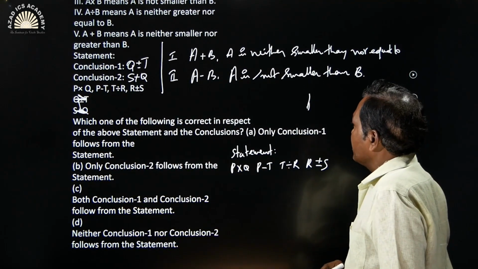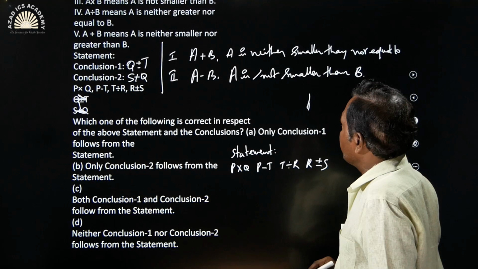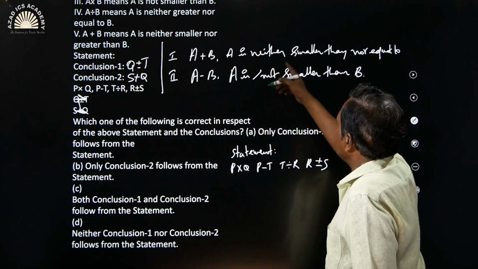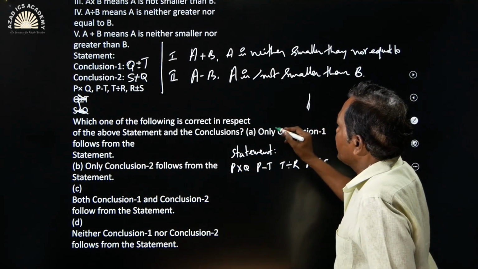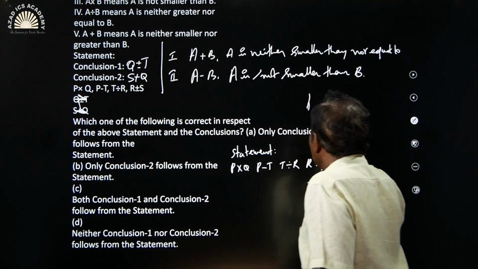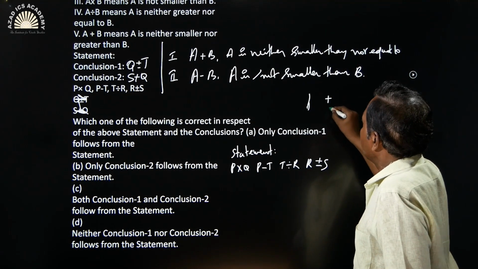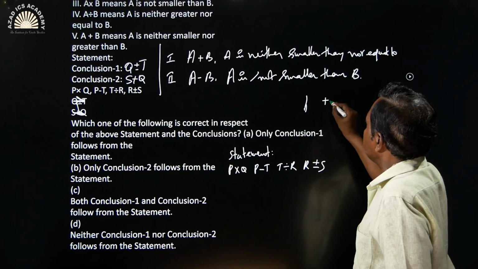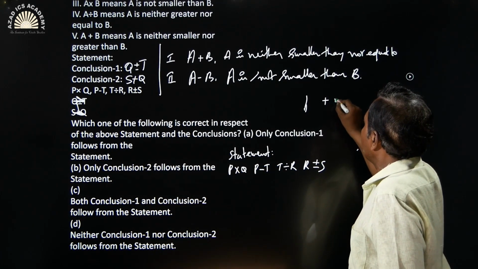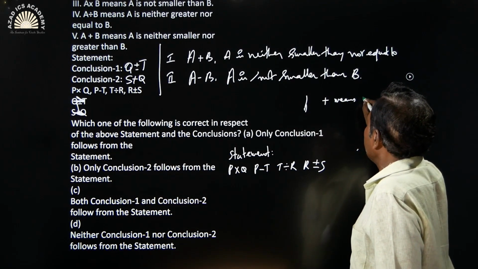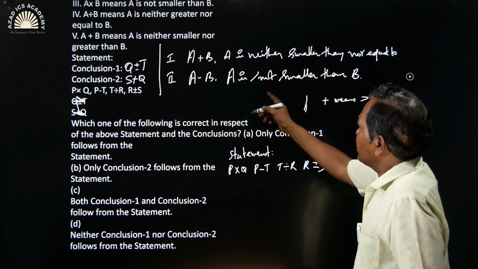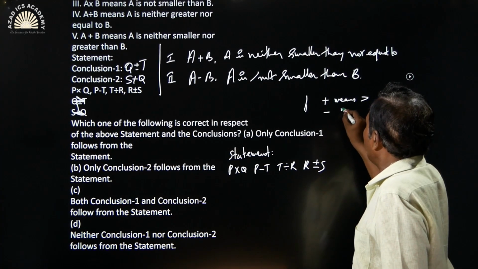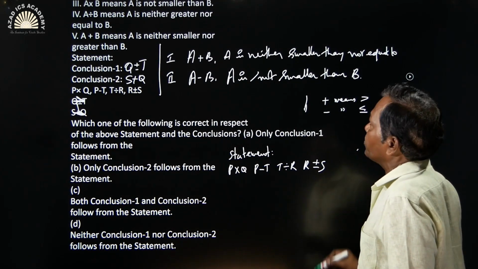Now see P into Q. Here you can see that A plus B means A is neither smaller than nor equal to B, so plus means greater than. Minus means not smaller than, which means either lesser than or equal to.